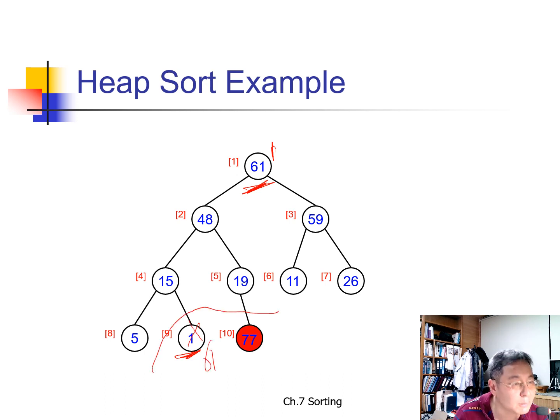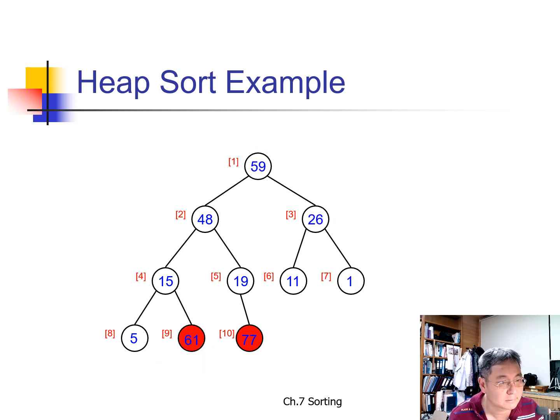Then we will heapify this binary tree. 59 is greater than 48, so 59 comes here and 1 goes here. And between 1 and its children 11 and 26, 26 will be exchanged here, and 1 is here. Okay, that is the next result of the heap sort.